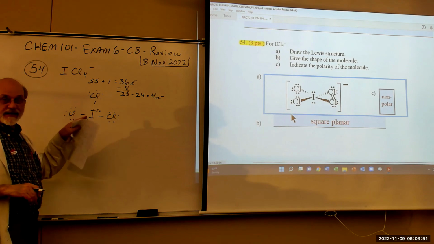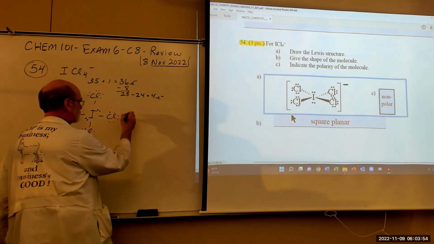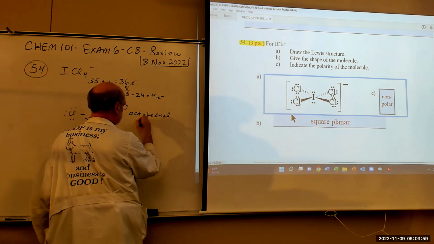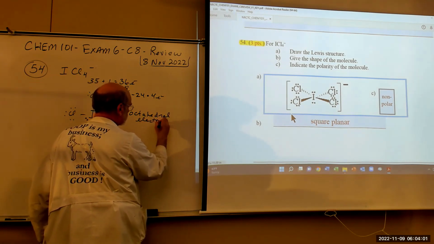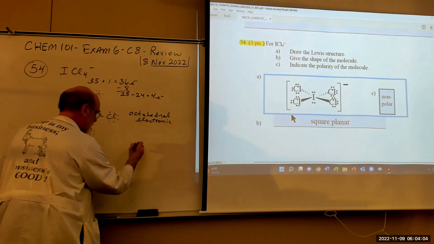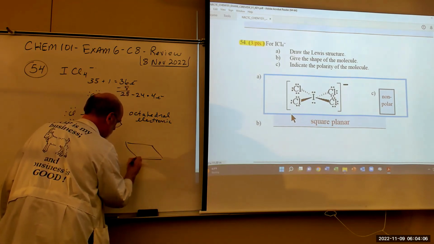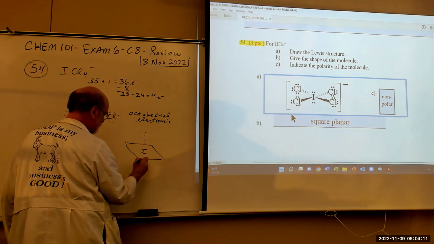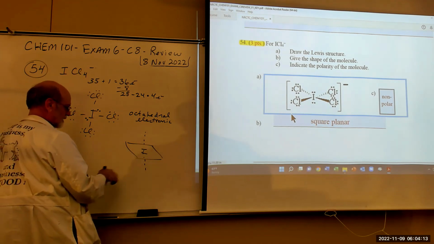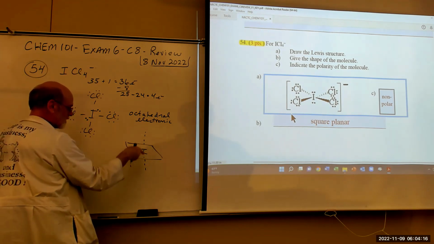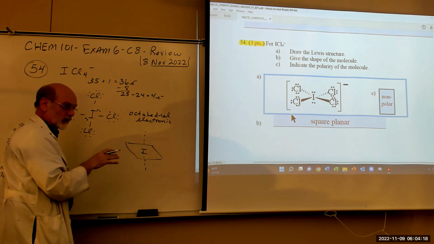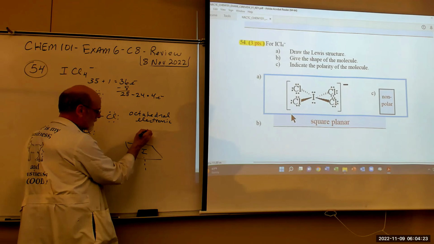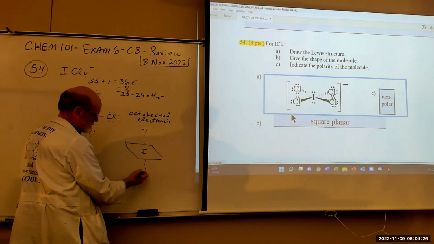So what does that make the electronic geometry? 1, 2, 3, 4, 5, 6 groups is octahedral. Electronic. So that means we've got a square, and then we've got iodine in the middle, and we've got something up here and something down here. Right? So what do we have up here? Well, in octahedral arrangements, if you have lone pair electrons, they tend to go out here, like that.